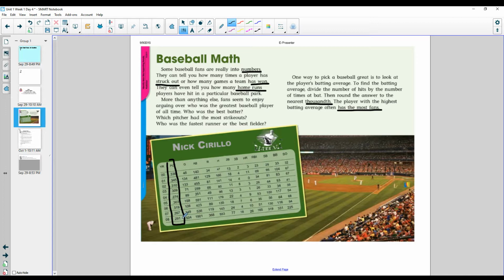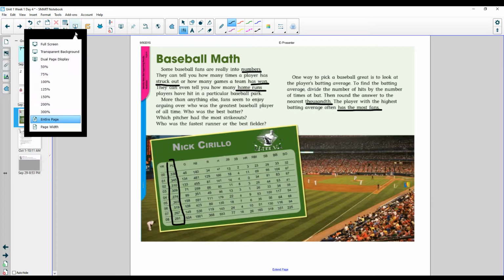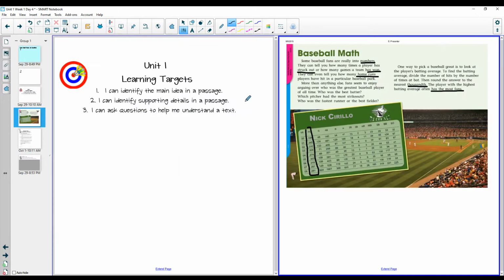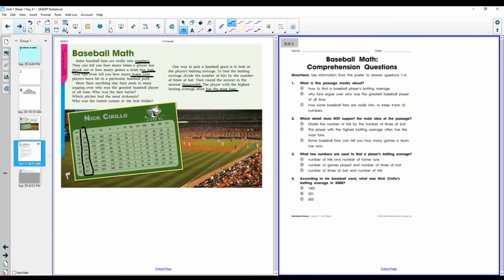So right here, that must stand for the batting average, and I didn't know that at first, but reading helped me understand. Now, what we're going to do is we are going to look at the questions on the following page. We're going to keep going back to the text to answer the questions.